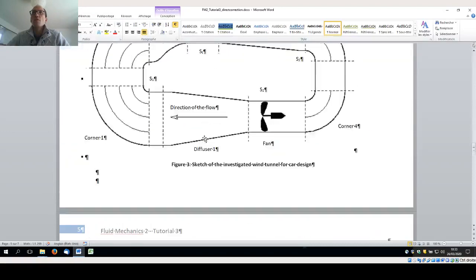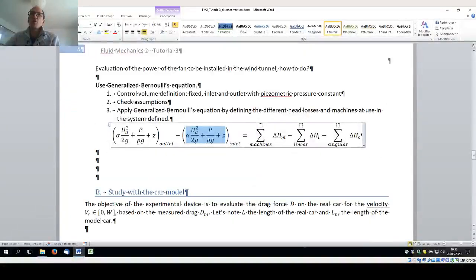What I was saying is that we want to extract information about the fan. So one choice can be to choose one section before the fan and one section after the fan. It's legit to apply the generalized Bernoulli equation between a section before the fan and a section after the fan.